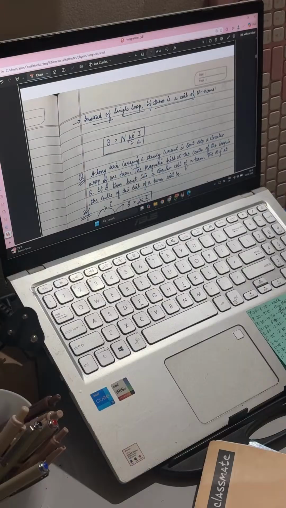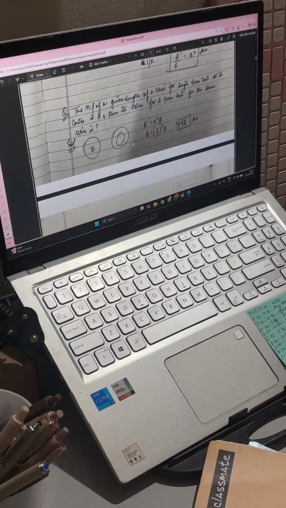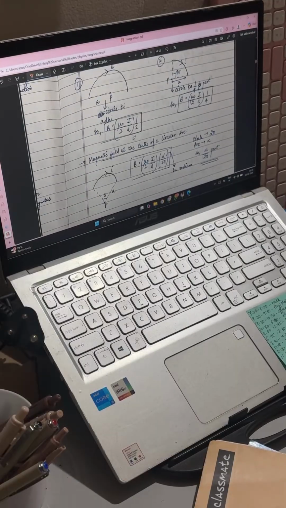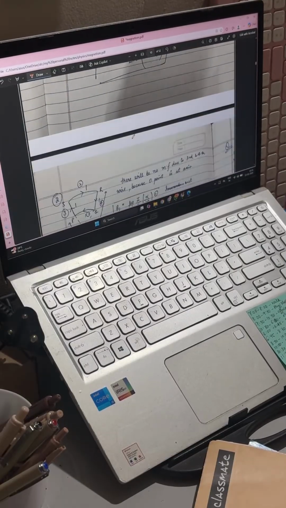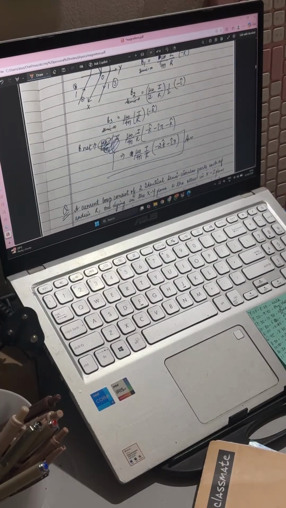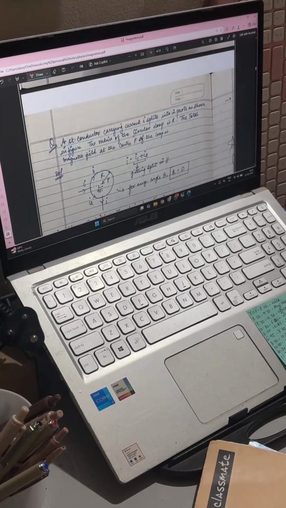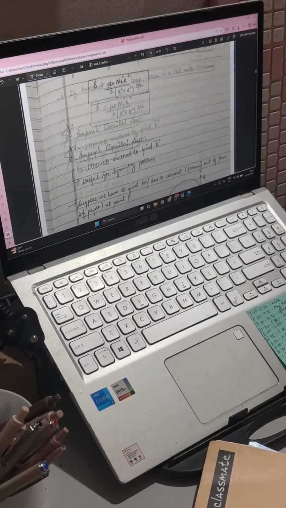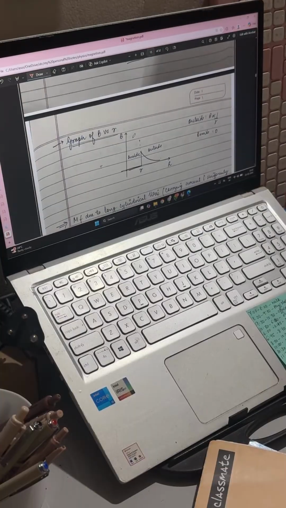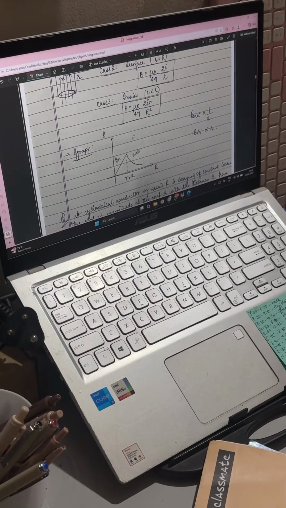Wait, let me see what all topics are there. I'm obviously creating it, but I don't know, this chapter is kind of good. There are many formulas, but you can remember those formulas, not a big deal. These are easy.